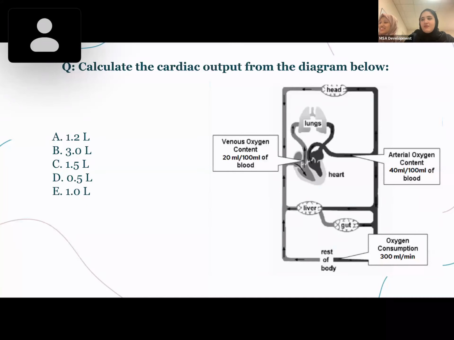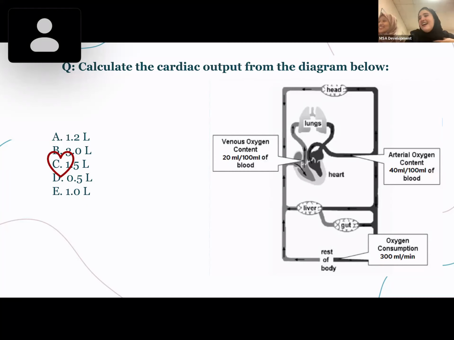Okay, we have our first answer. Okay, so we're getting a lot of C's, C 1.5. And the correct answer is C.